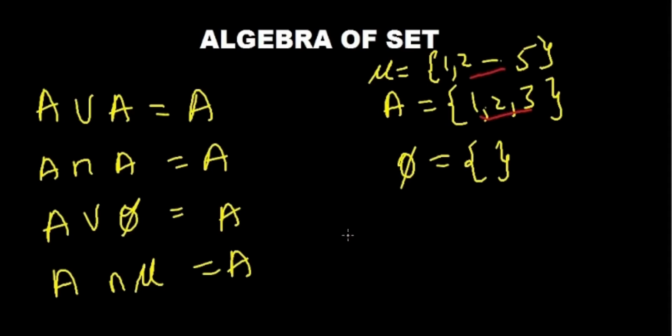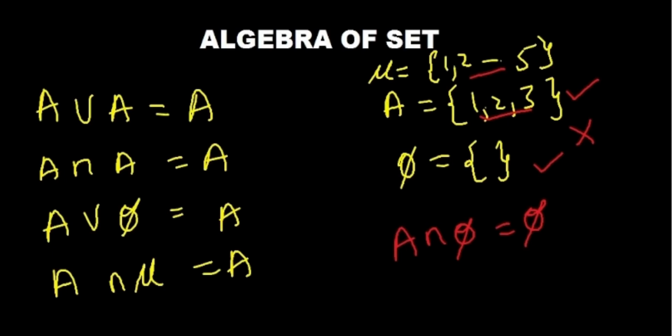So it's still A. Alright, so if I have A intersection empty set, then that will be an empty set. Just like what you are seeing here, we have 1 to 3 here, but there's nothing here, so there's nothing common between the both of them, so it will be empty. A intersection empty set will be empty.